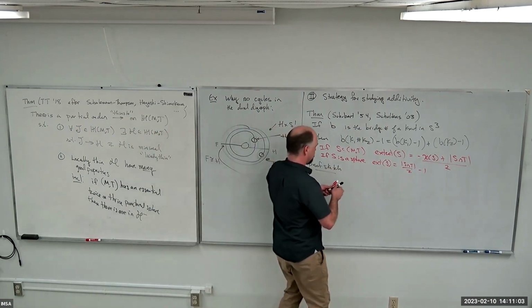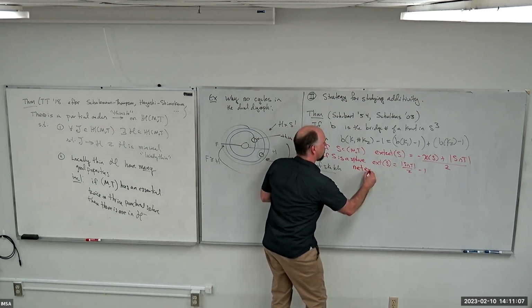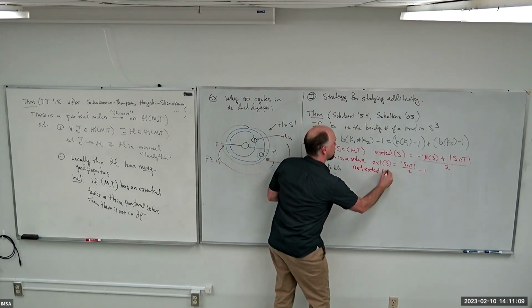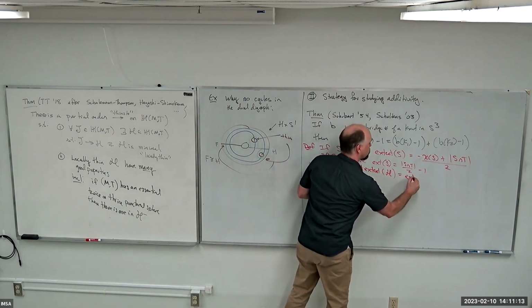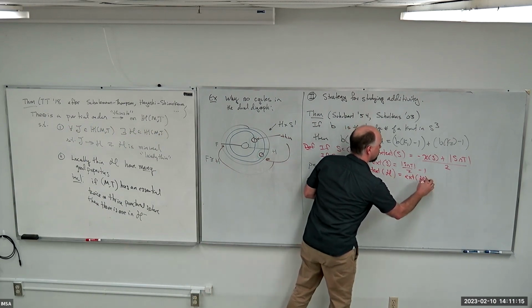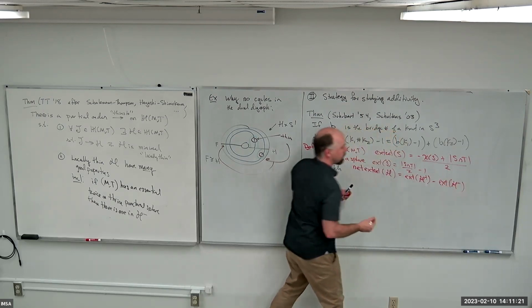And then I will also have a quantity that we'll call net extent of one of these script H's, which is just the extent of the thick surfaces minus the extent of the thin surfaces.